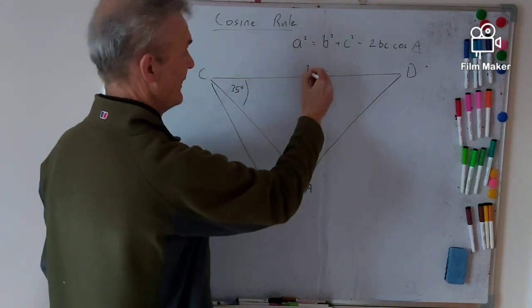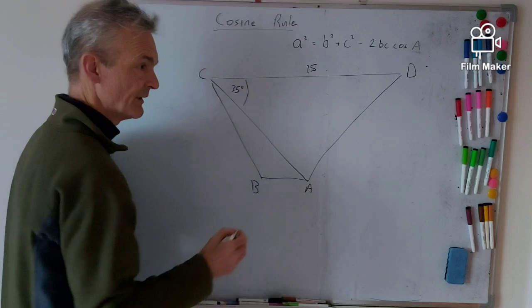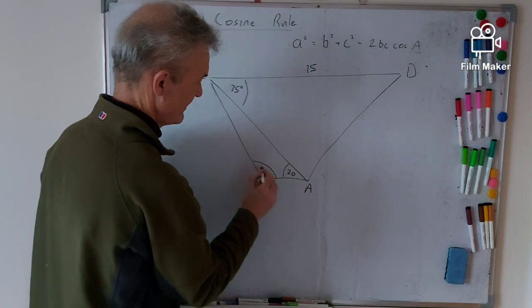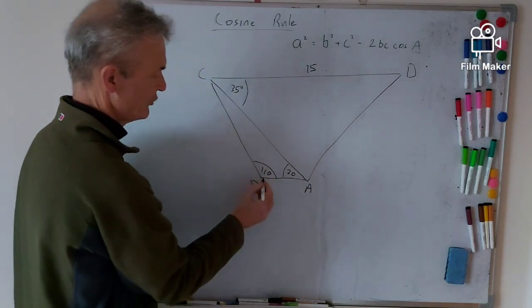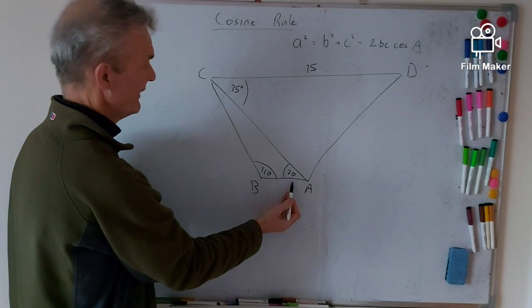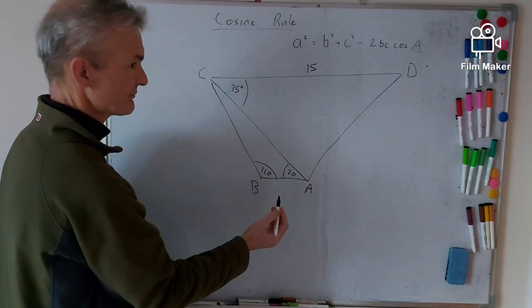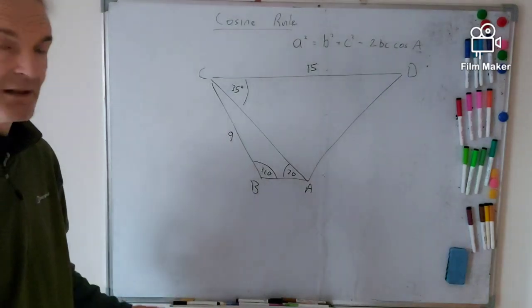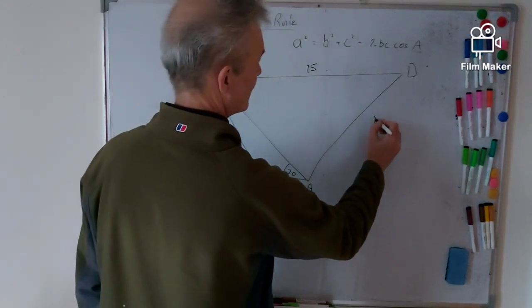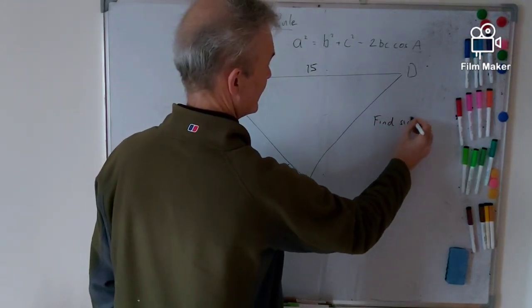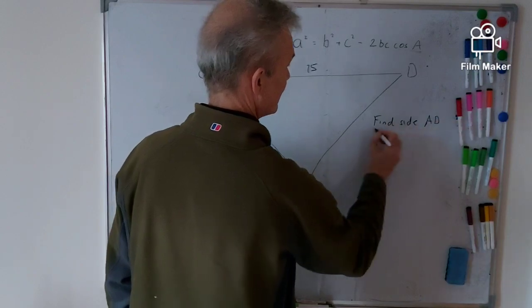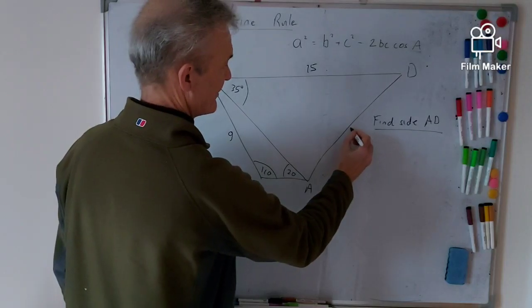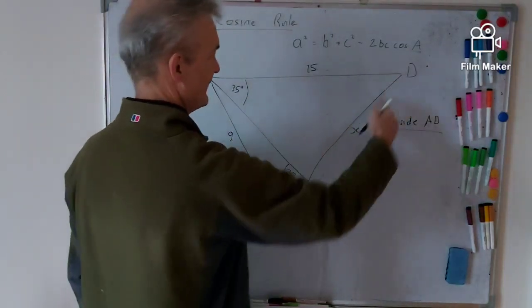We're going to have that length there which is 15, and we're going to have that angle there, 110, that one's 20, and this side here. So what we're going to be asked to do in this question is find side AD. That's what we've got to do. So that's this side here. So I'm going to put an X. We're trying to find this length.